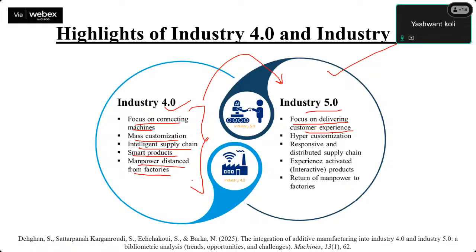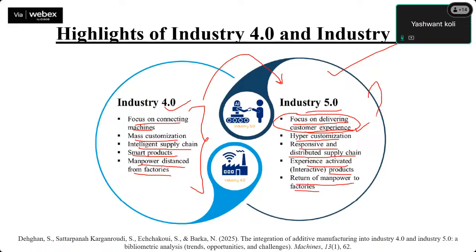But for Industry 5.0, the transformation is that it focuses on delivering the customer experience. The customer is the main output dealer. With that experience, customer satisfaction is achieved, hyper customization can be done, with a responsive and distributed supply chain experience, activated products, and return of manpower to factories.